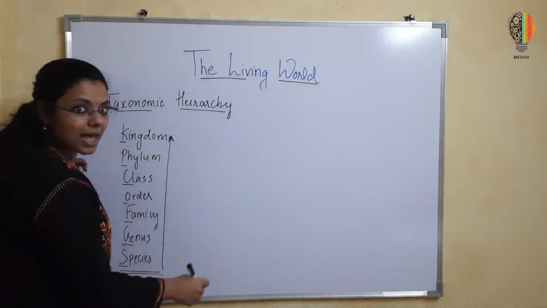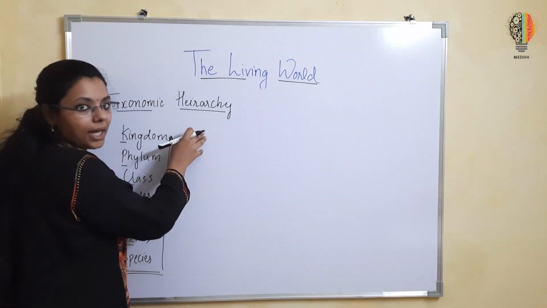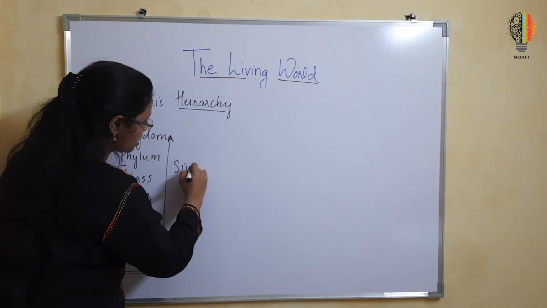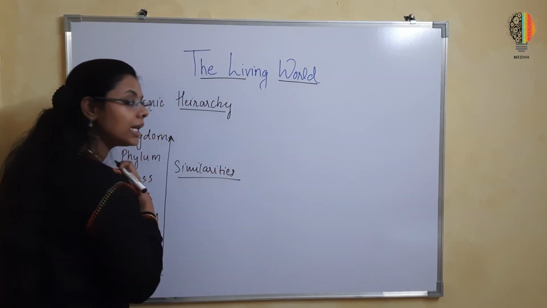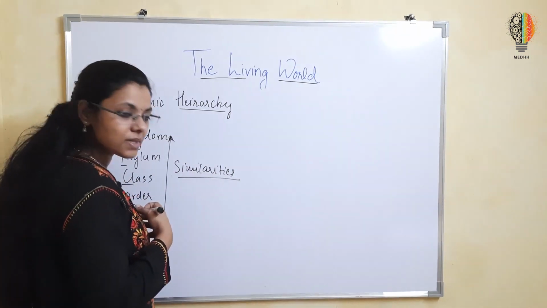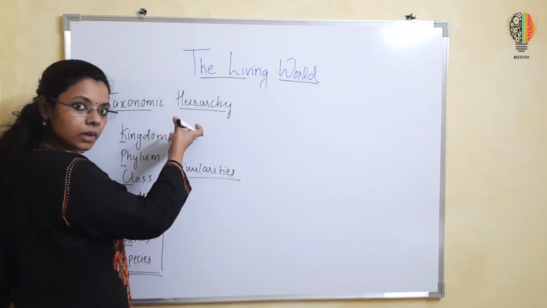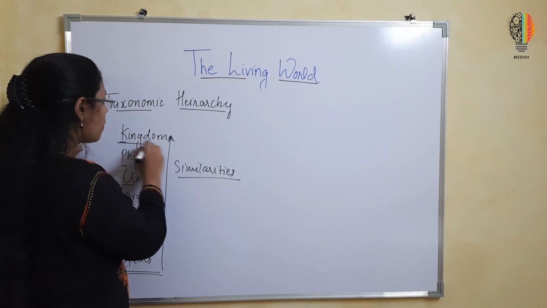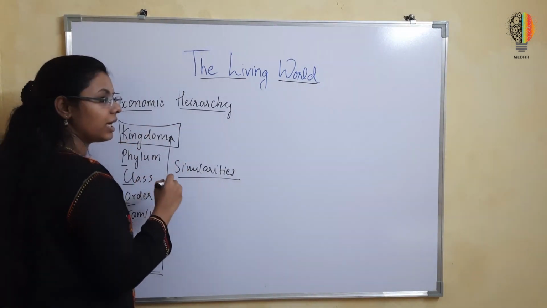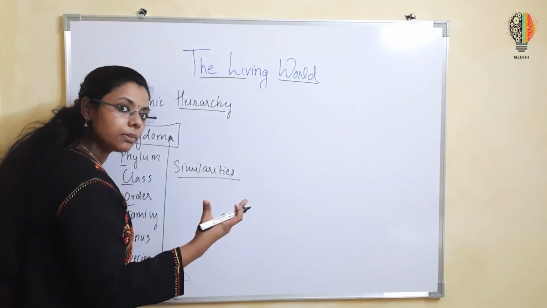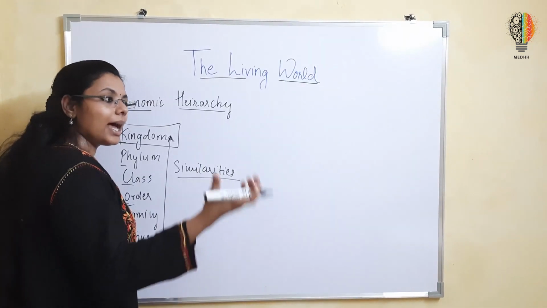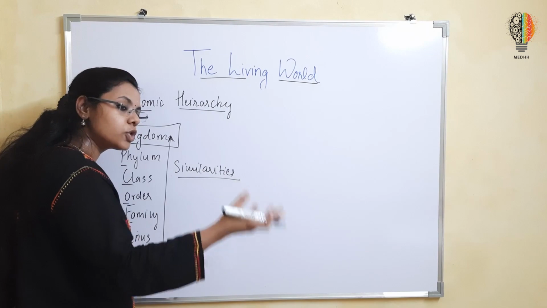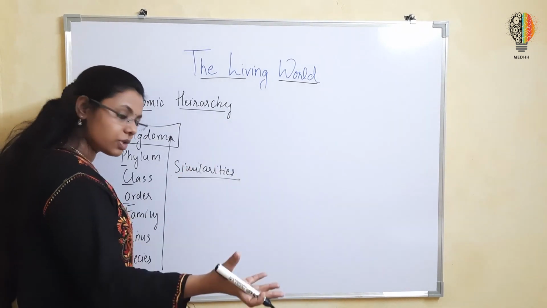What happens is that as we go up the hierarchy level, the similarities in the group of organisms decrease. So yesterday when I said, if I say plant kingdom, there is a variety of plants. In that we have groups like herbs, shrubs and big trees.